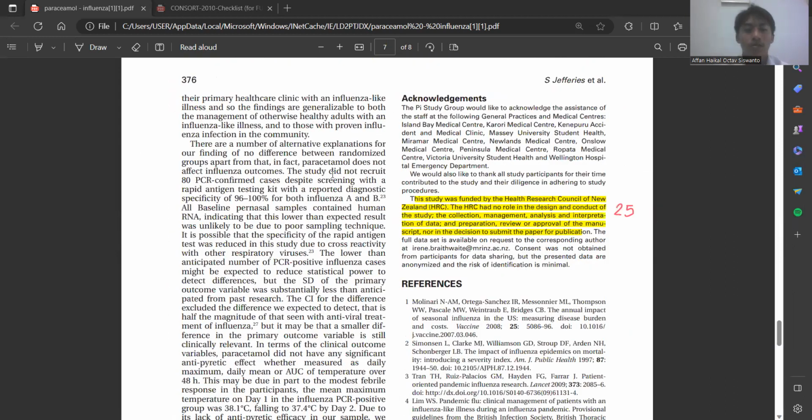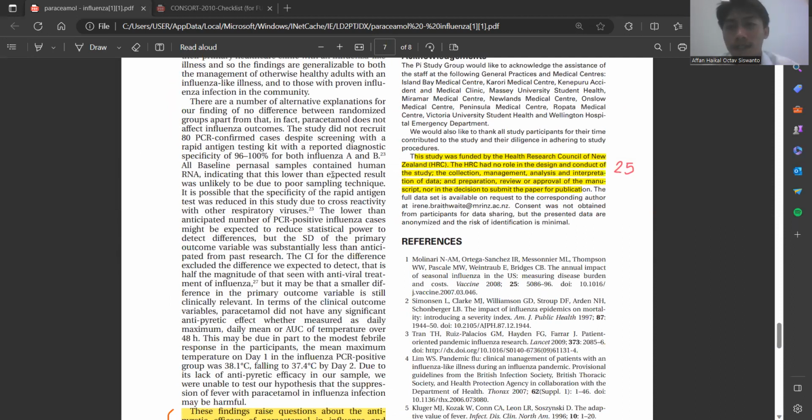Okay, the next item is item 25. It is the funding: sources of funding and other support, such as supply of drugs, role of funders.